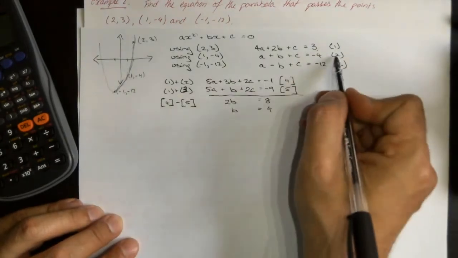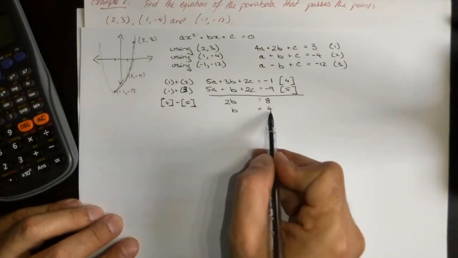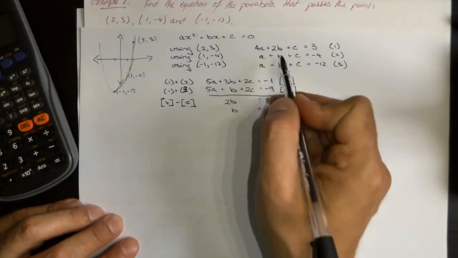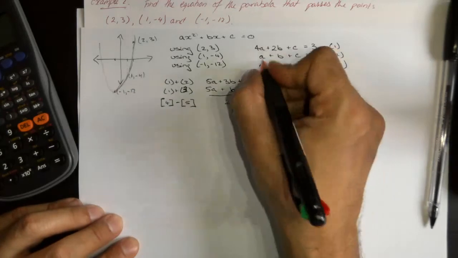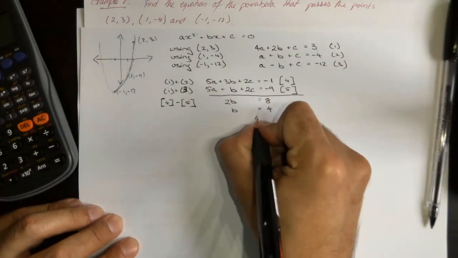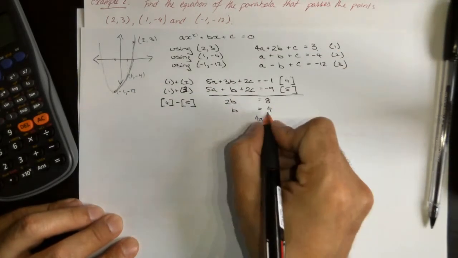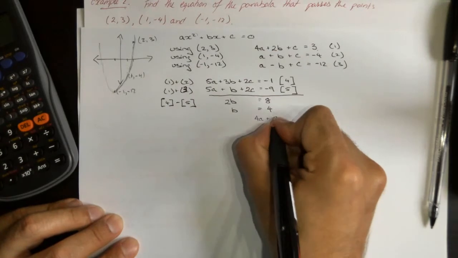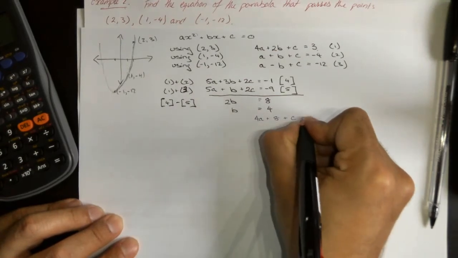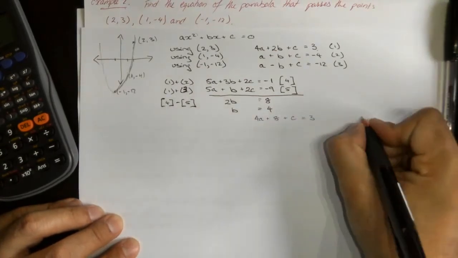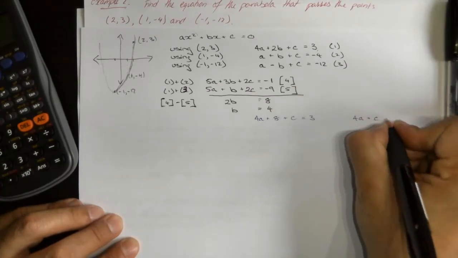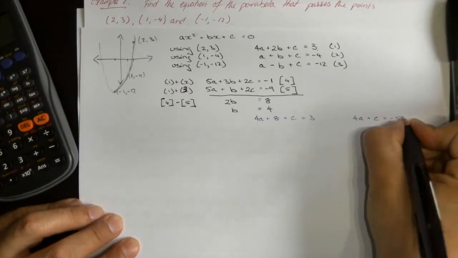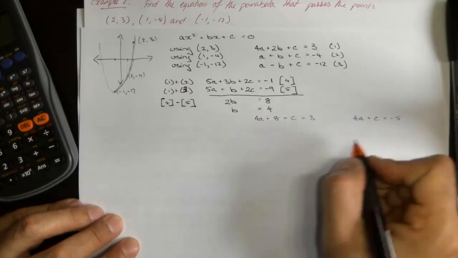Using these equations again, I can substitute b equals 4 into here. I don't know what a is, but b is 4, so 2 lots of that is 8, plus c equals 3. Well, technically that's 4a plus c equals negative 5, because 3 take away 8 is negative 5.